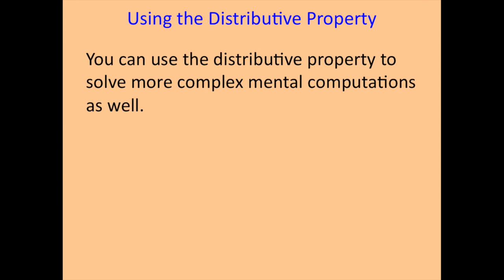You can use the distributive property to solve more complex mental computations as well. Can you think of a way to solve 99 times 4 mentally? Think about it for a second. I could think of 99 as 100 minus 1.